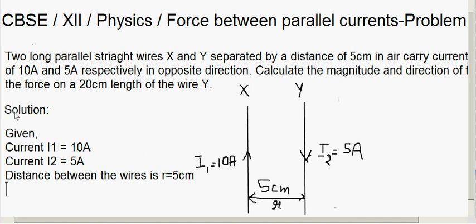Now the force magnitude, we know the formula. It is mu naught by 4 pi into 2 I1 I2 by R. Now let us substitute the formula and try to find out the force.